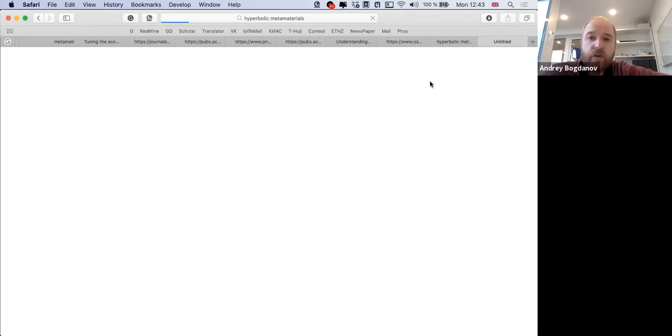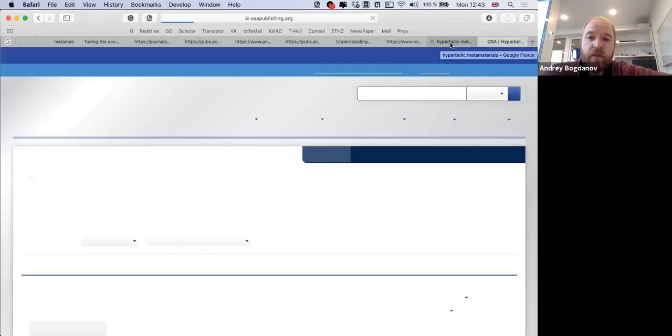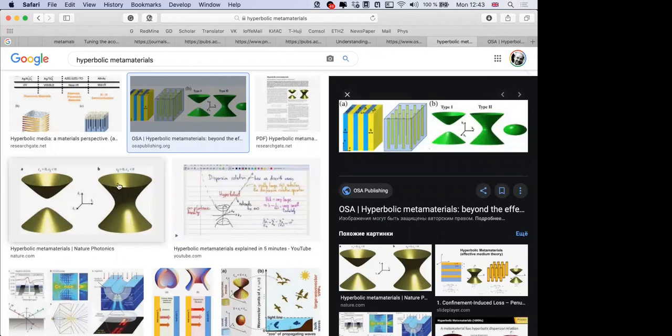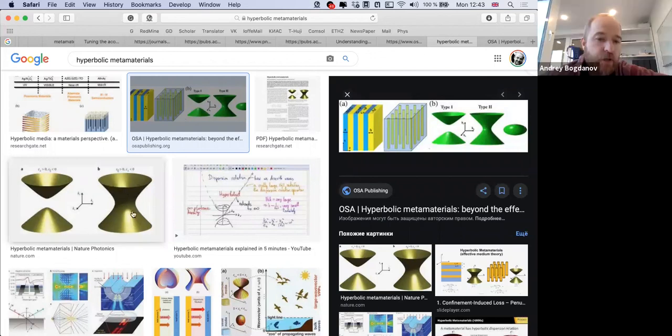I plot an isofrequency surface. Each point of this surface corresponds to some state of photon. Each point has the same energy but different components of the wave number.